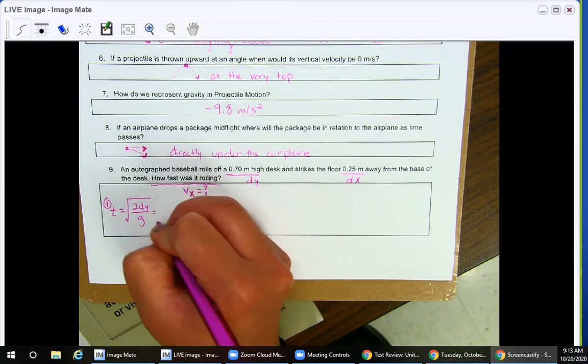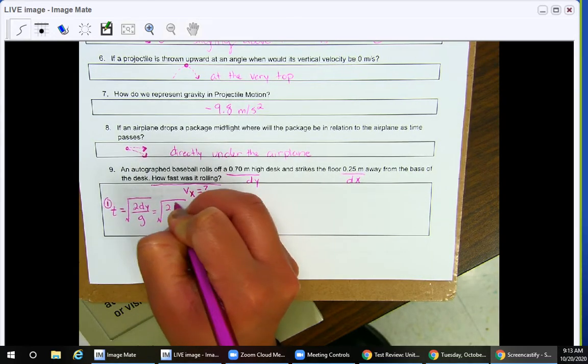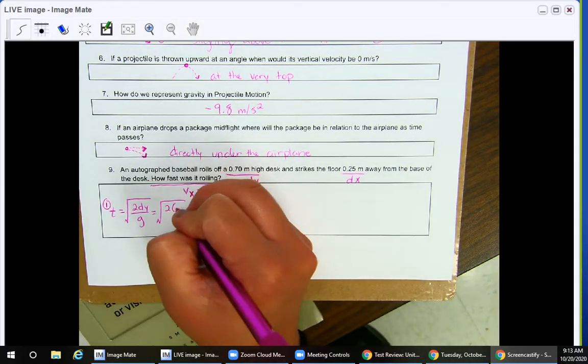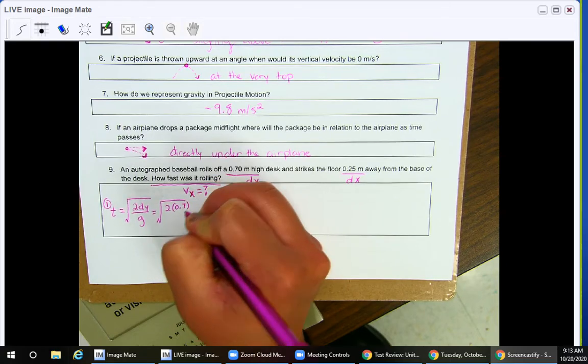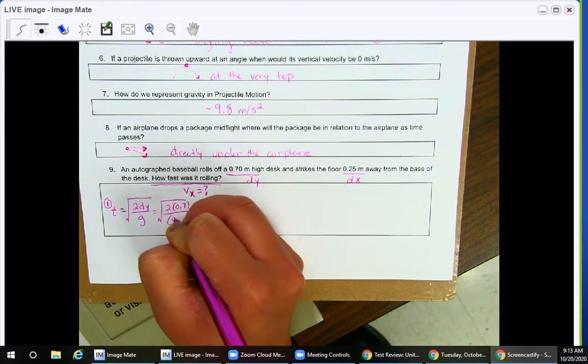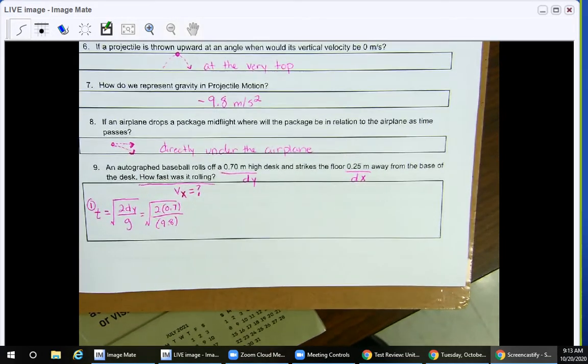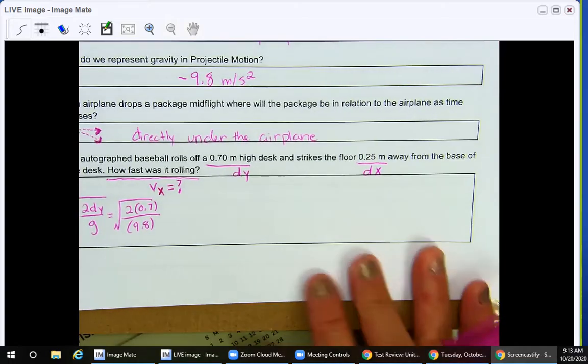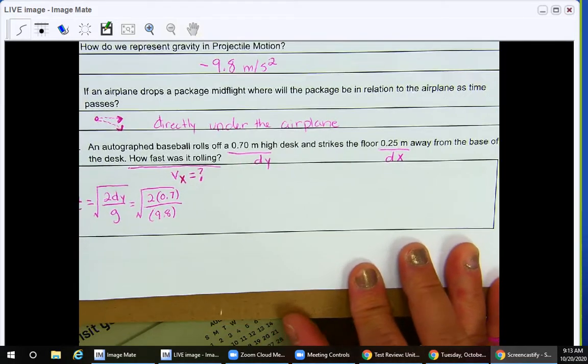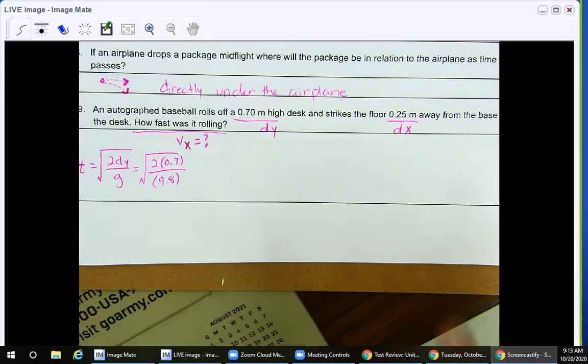When you plug in your numbers, it's the square root of 2 times your dy was 0.7 divided by gravity, which is 9.8. 2 times 0.7 divided by just positive 9.8. Never put a negative under a square root. Don't forget that.